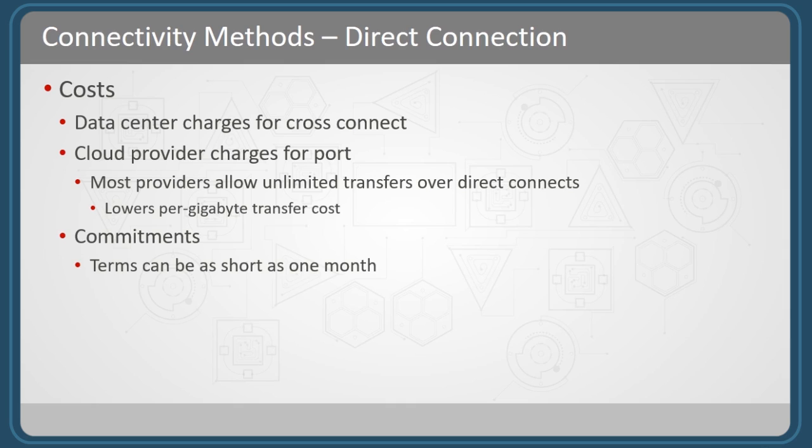If you just need to change some configuration options or implement an update or a patch or things along those lines, then that is still just regular internet connectivity. So like anything, as mentioned, it depends on the scale, but those are some of the methods available when you do need that more reliable connectivity to your cloud-based resources.